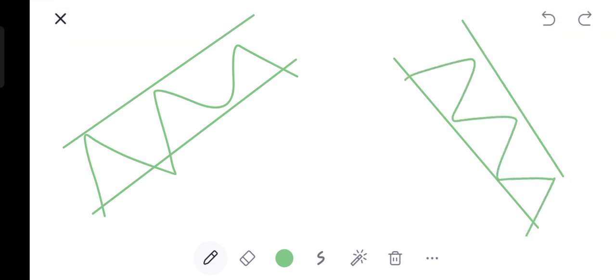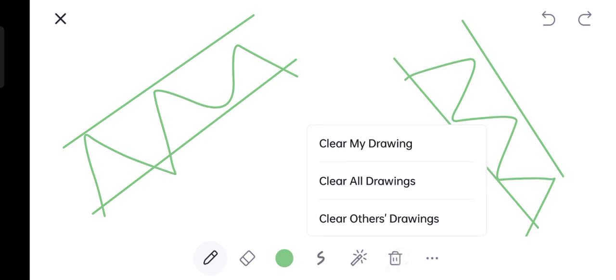So it's a sideways or ranging market, an uptrend market, or a downtrend or selling market. That's what we have. Nothing less, nothing more.